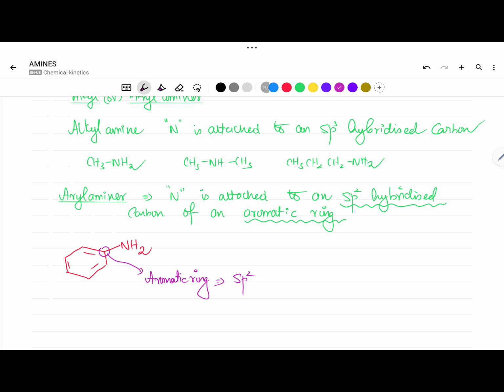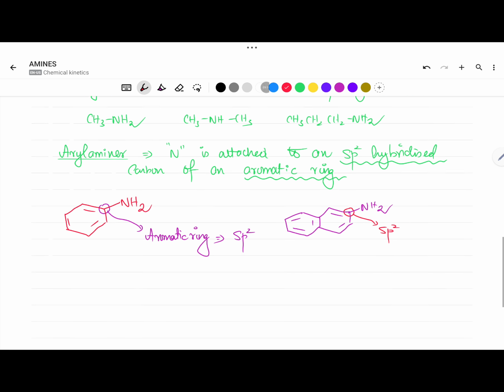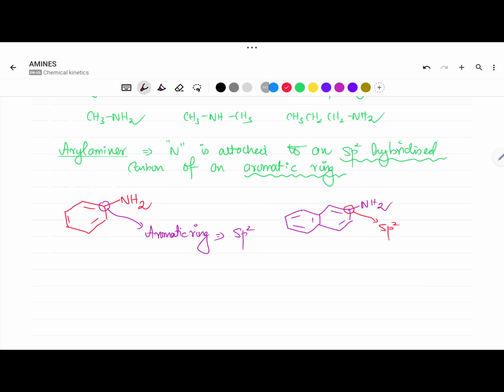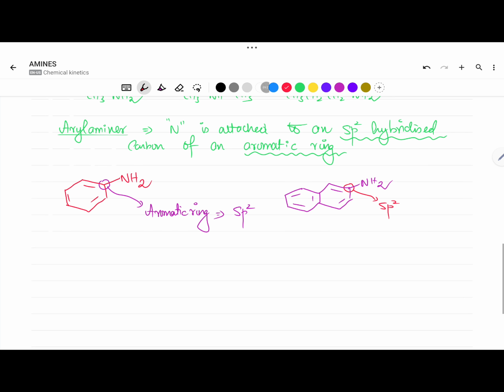An aromatic ring can not only be benzene, it can also be some other aromatic compound like naphthalene, like this. Here also NH2 is directly attached to an sp2 hybridized carbon of an aromatic ring. So this is a naphthalene ring, and to this naphthalene ring our amine group is attached.